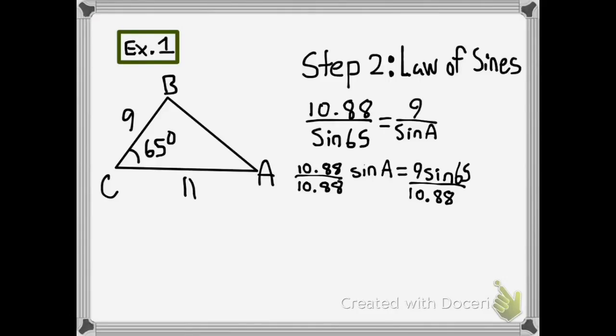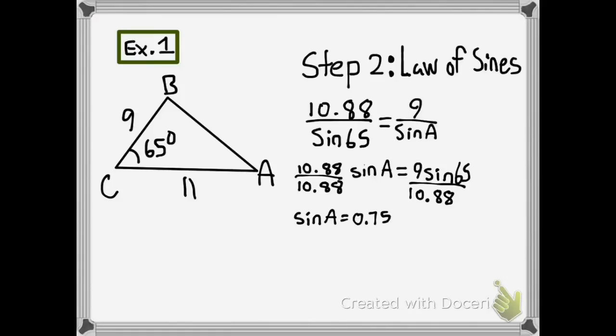Next, we would want to divide by 10.88 on both sides. 10.88 should cancel off on the left side, and then by dividing 9 sine 65 over 10.88, sine A should equal 0.75.